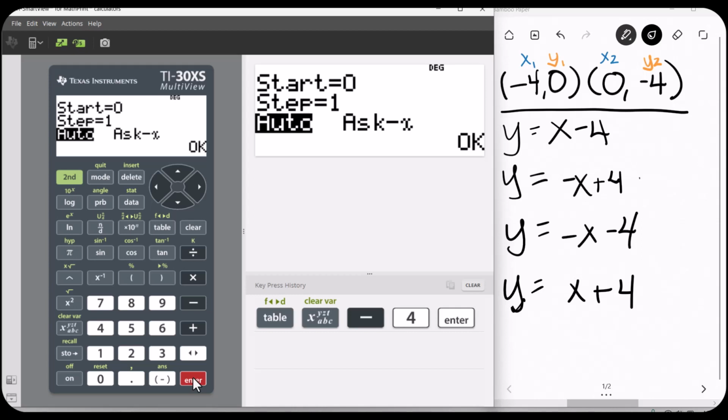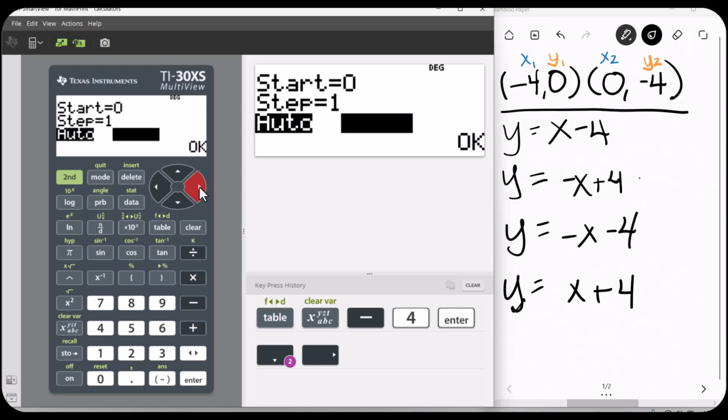You'll also notice that auto is highlighted for us in black, but to the right of that, it says ask X, and that's what I want to get to. I use the arrows on my calculator in the upper right hand corner, and I'm going to move all the way over till my cursor is flashing over ask X, because I know what I have as X. I have -4 as X1 and 0 as X2.